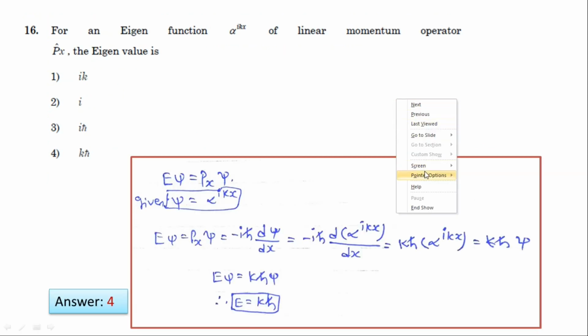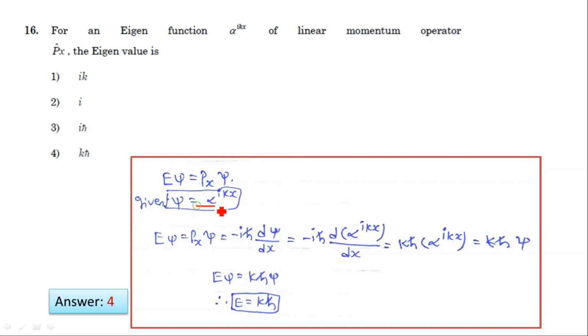And next question. For an eigenfunction psi equal to e to the power ikx, where k is a constant, and a linear momentum operator px, there are three linear momentum operators Px, Py, Pz. So what is the eigenvalue? Now we have to calculate the eigenvalue. So E psi equal to Px into psi. Here given psi equal to e to the power ikx.